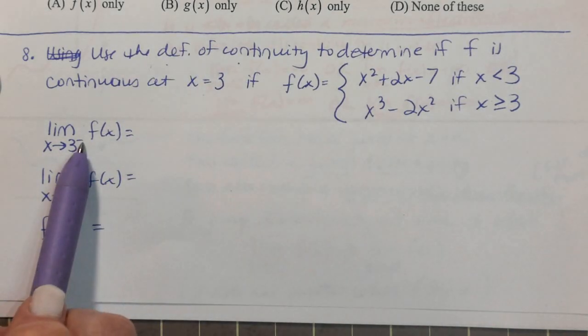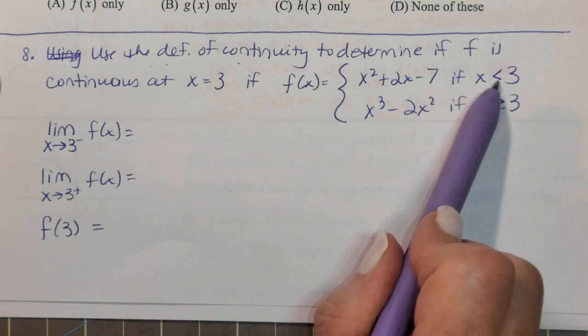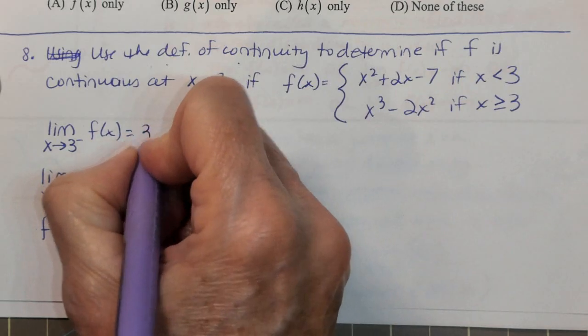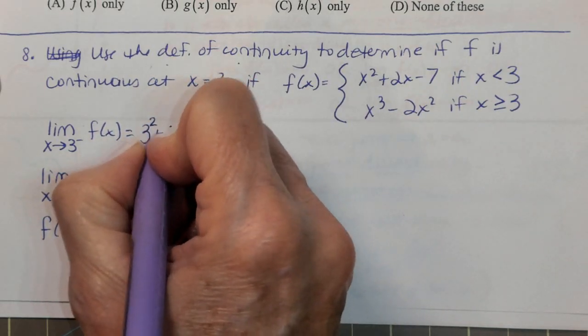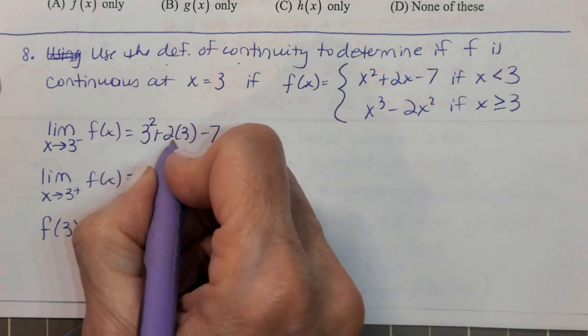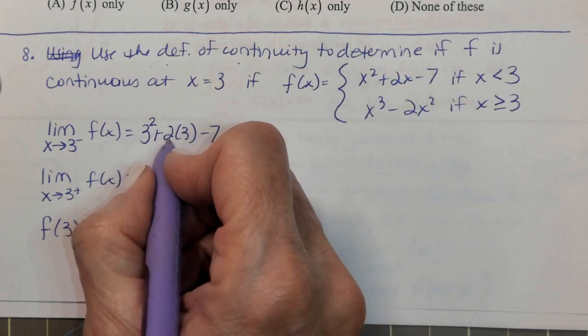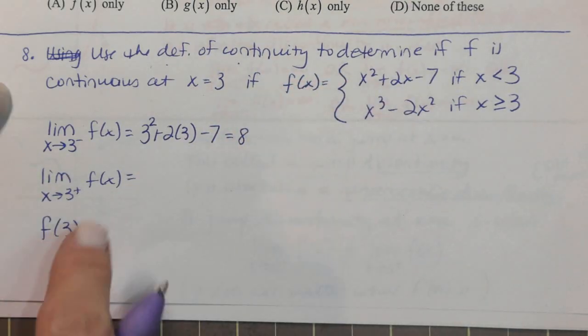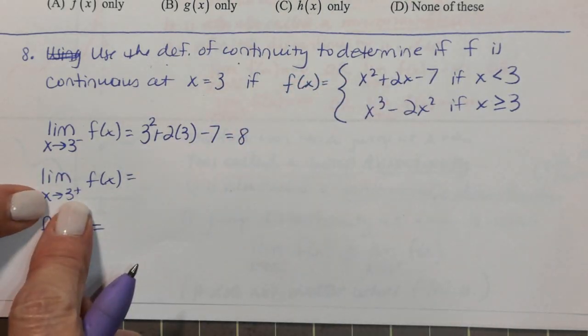Okay, 3 from the left, I'm using the left of 3. That's going to be 3 squared plus 2 times 3 minus 7. That's 9 plus 6, which is 15. 15 minus 7 is 8. Okay, 3 from the right.